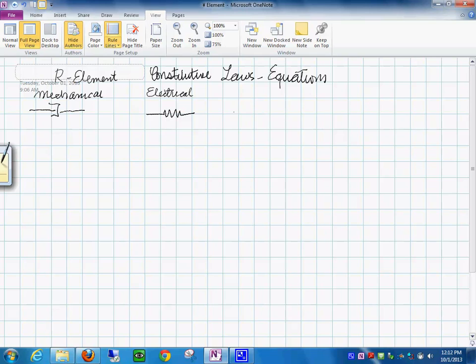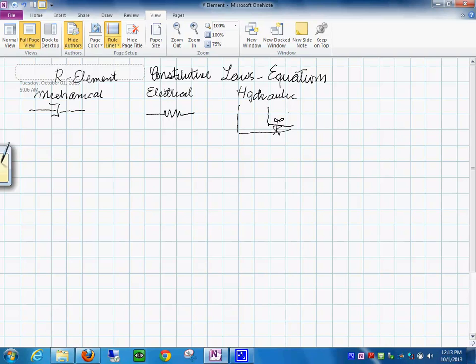And then perhaps we'll do a hydraulic element. Okay, on this, what kind of element can we draw for a hydraulic system? Let's say you have a tank and you have a valve over here.